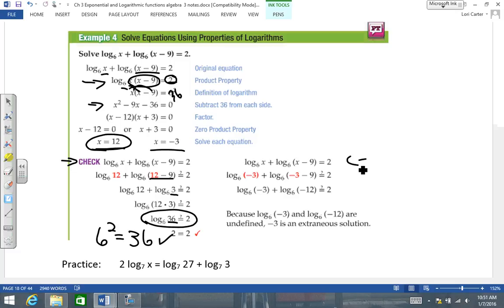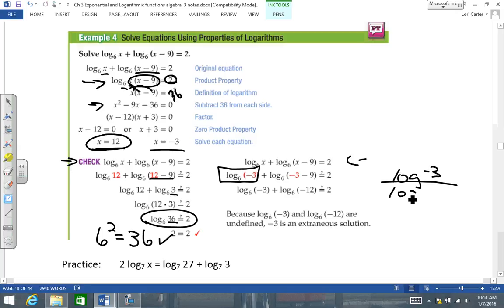If you can't do a log base 6, you have to do this using your change of base. So log of negative 3 divided by log of 6.